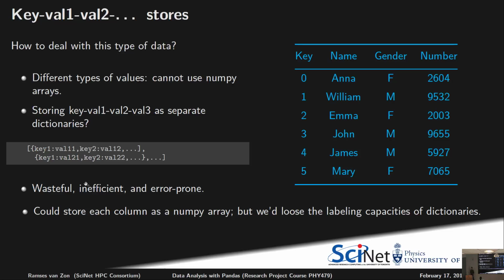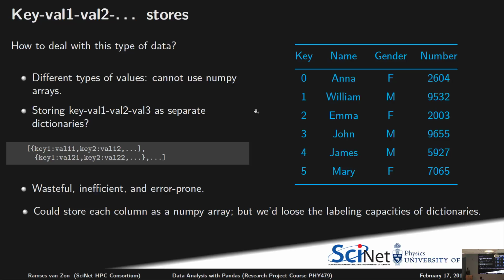Now, you could go the opposite way. You could say, well, let's just store every one of these columns as a NumPy array, or any old array, but a NumPy array might work. And then just let the labeling take care of everything. That would be more efficient in terms of storing, but I still have to make sure that I don't have some arrays that for some reason are longer than the next column. All the columns should be equally long. And you lose the idea of labeling that NumPy arrays don't have.